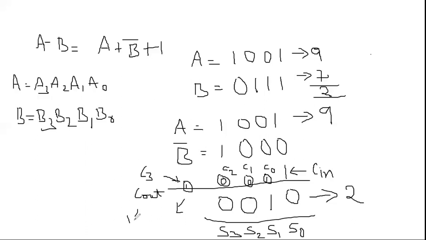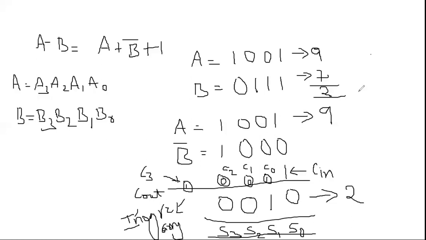The sums S0, S1, S2 and S3 give the binary of 2, 0 0 1 0.